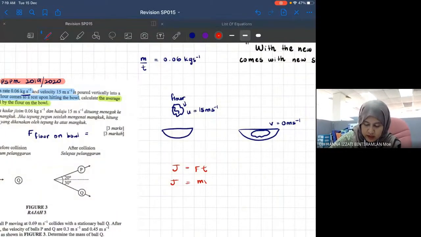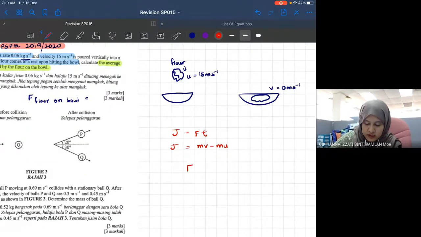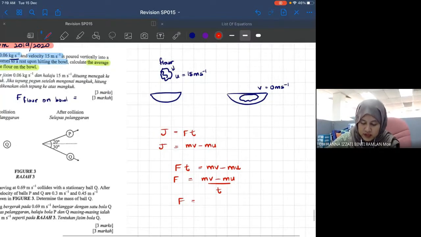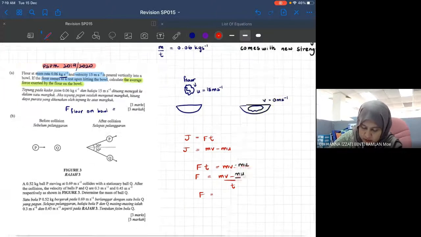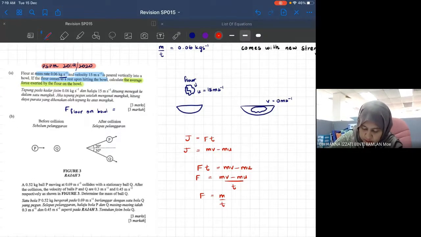So kalau kita gabungkan mereka, we want the force, isn't it? Ft equals to mv minus mu, okay? So we want the force, isn't it? Force, and then Miss pun rearrange lah, mv minus mu over time. And then force is equals to, kita ada quantity mass over time, isn't it? So what happened? Miss letaklah m over t, v minus u, okay?